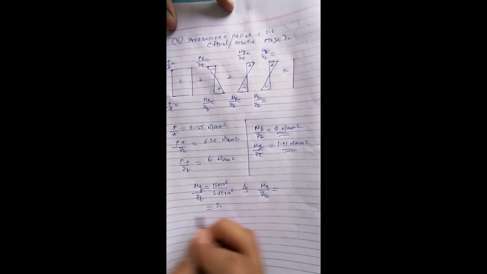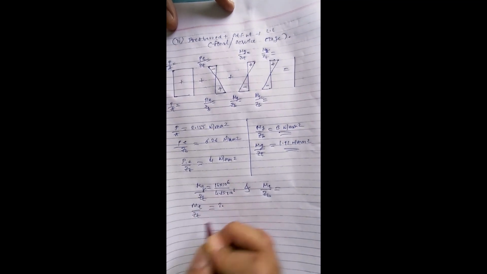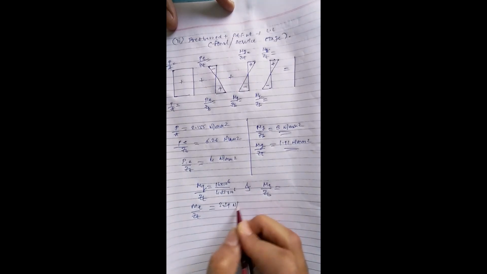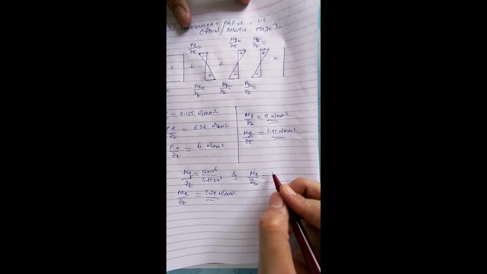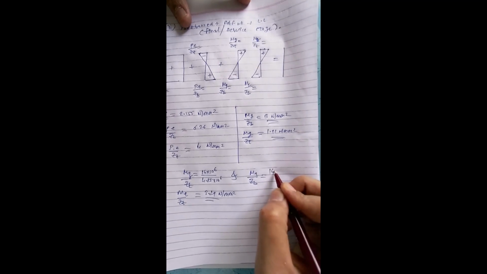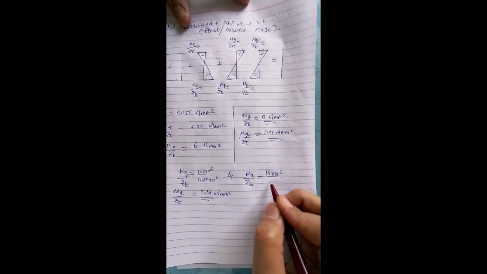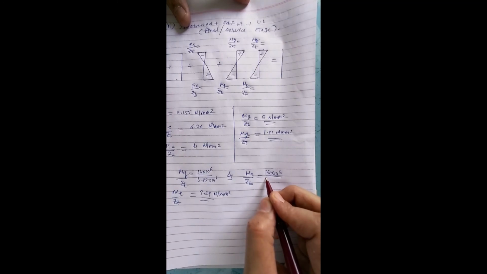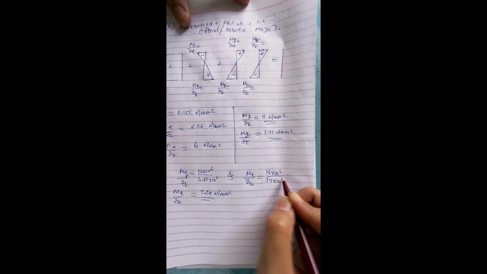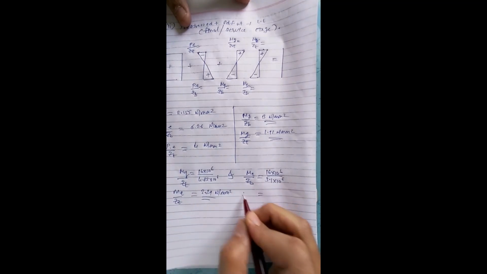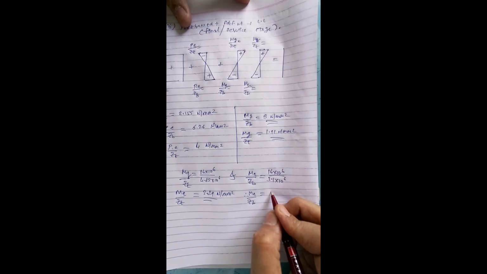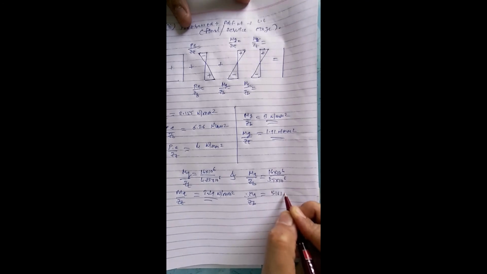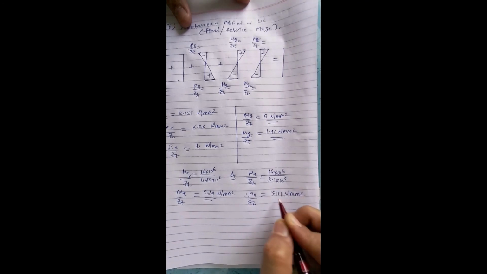Hence Mq by ZT is 3.29 Newton per mm square, and Mq by ZB will be 16 into 10 raised to 6 Newton mm divided by ZB, that is 3.1 into 10 raised to 6 mm cube. Hence Mq by ZB will be 5.161 Newton per mm square.